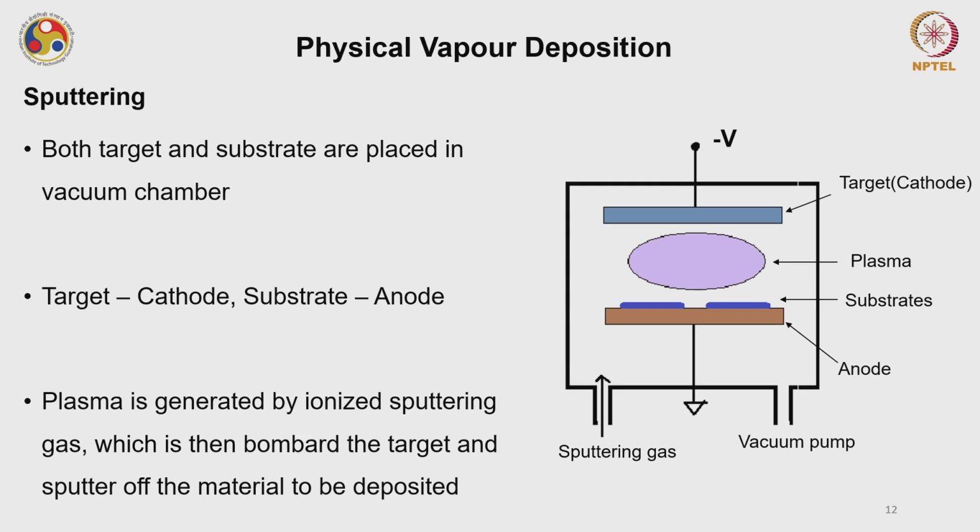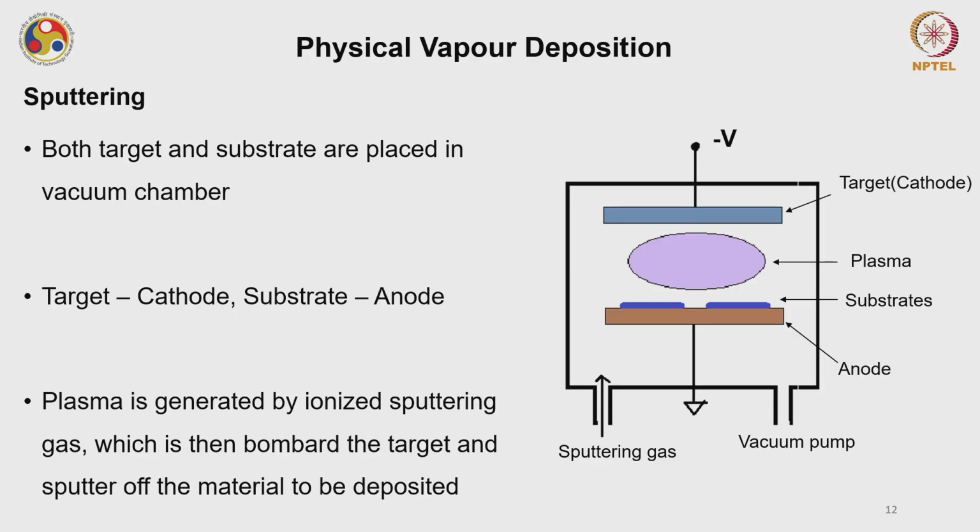Another method that is very suitable for thin film deposition in the fabrication of microsensors and nanosensors is sputtering. Here, both the target which you want to deposit on some substrate, and the substrate, are placed in a vacuum chamber.